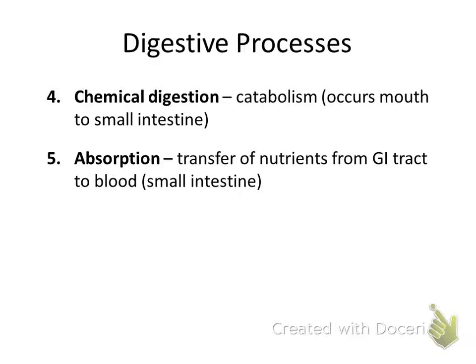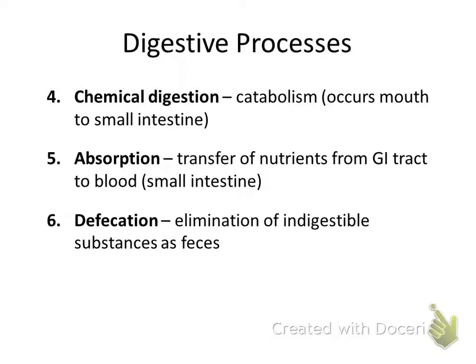Clearly, the body can't use all of the food we ingest. So whatever's left over that we can't use is removed from the body through defecation. And we're going to see that there are two sphincters in the anus, like we mentioned in lab last time, that are going to help to control that process.